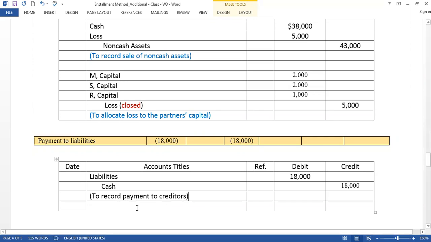Record payment to creditors. This is the journal to pay the liabilities. So we don't have any other liabilities. So liabilities closed.